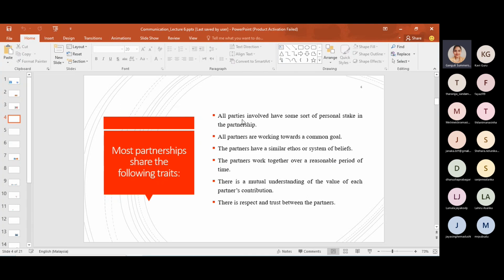So these are the characteristics or traits that you can see in most partnerships. Most partnerships share these characteristics.